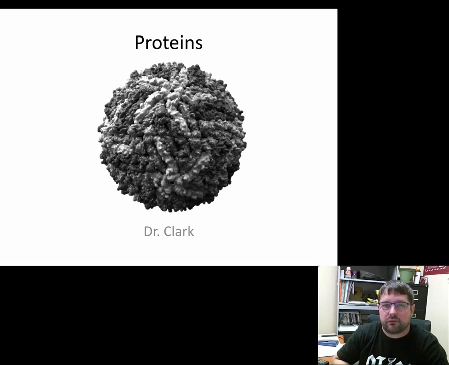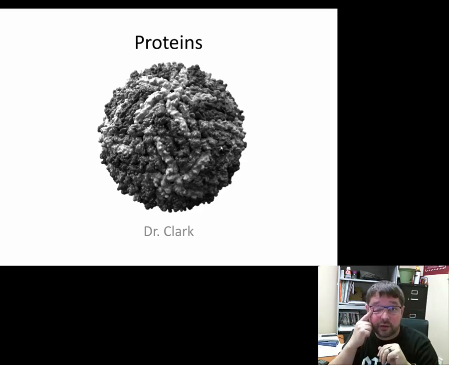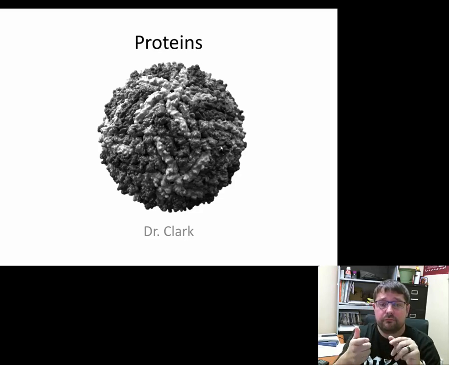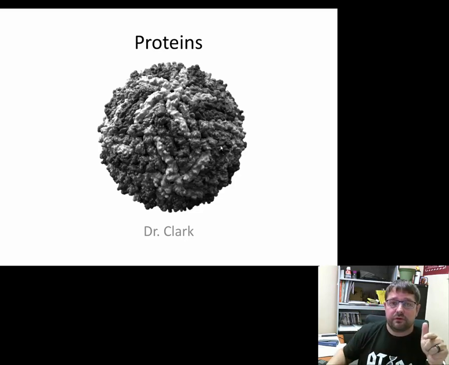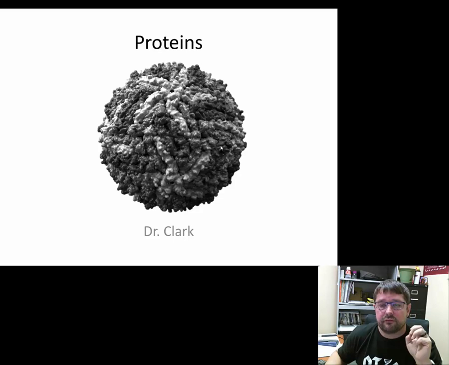Okay, the macromolecule proteins, polymer proteins, biomolecule protein, just the entity of proteins. This picture here is a capsid, and a capsid is a protein coat around nucleic acids in viruses, and this is the 3D rendition of the Zika virus.